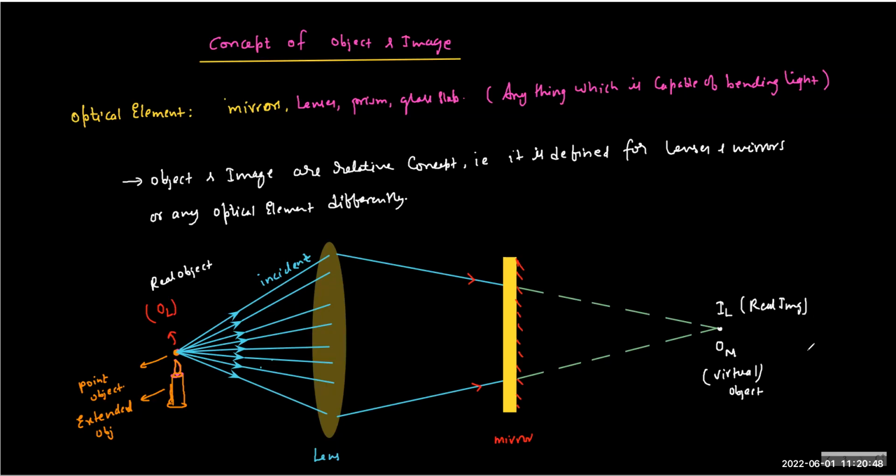So this image is the actual, real image of the object made by the lens. Is it clear? We can also realize that the image of the lens is basically a virtual object of the mirror.